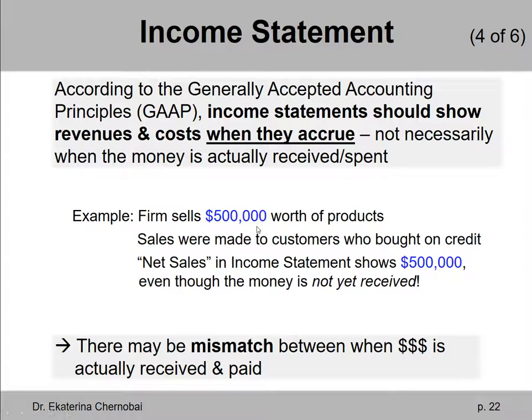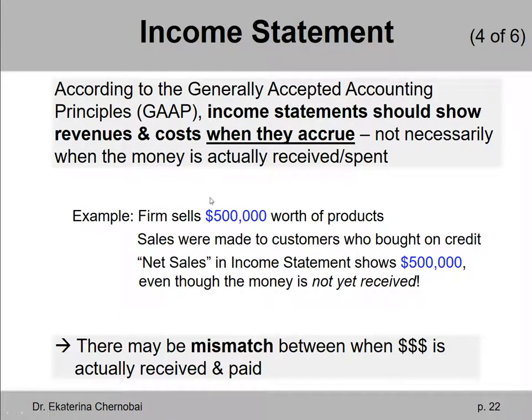What this means is that maybe by the end of the year, only part of this amount of money was collected in cash, and the rest will be paid shortly when the next year begins. So how much do we need to put in the income statement under revenues? The full $500,000 worth of product that was sold, or only the amount of cash that has already been received?